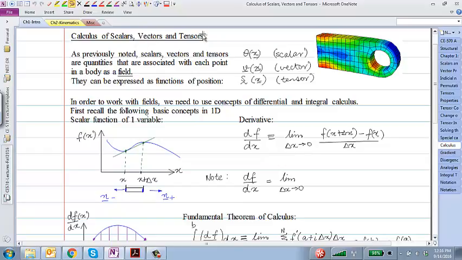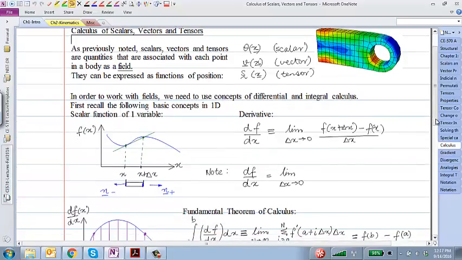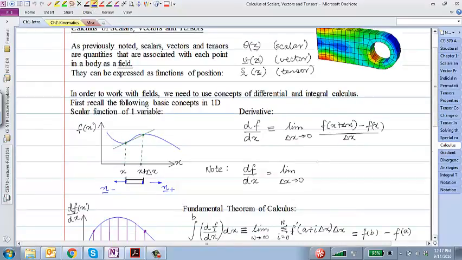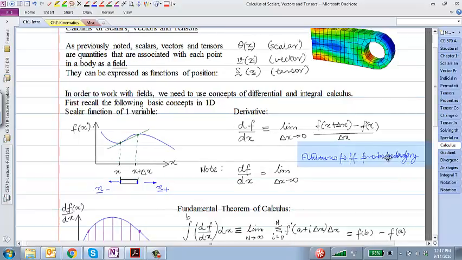So I'll write a definition of a derivative that is very similar to the definition of the corresponding derivatives of scalars, vectors and tensors in 2D and 3D. One way to look at the derivative is that it is the flux of f on the boundary of delta x.